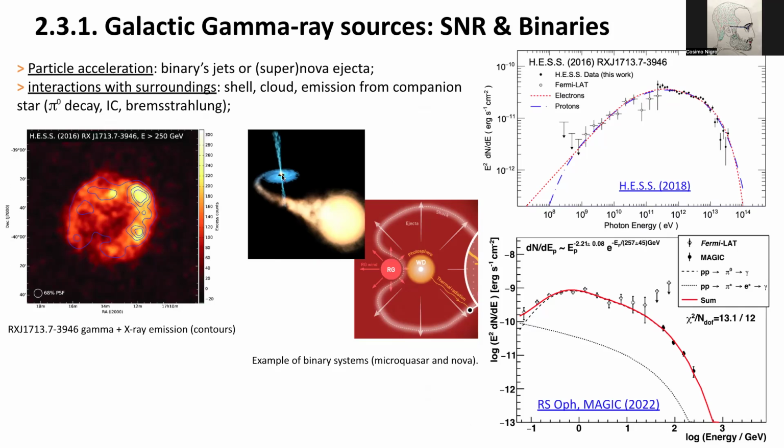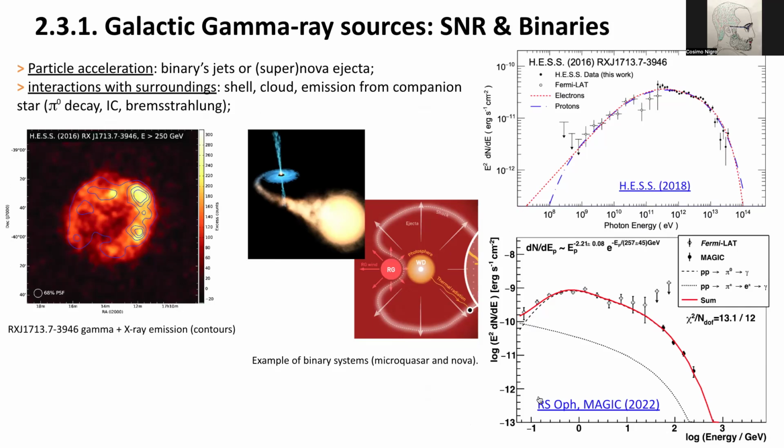Or you can have objects like binaries, that are basically a system of two co-orbiting stars. It can be different types of stars in different states of their life, but basically it's a star that is accelerating particles either through the ejecta or through a jet. And then this particle acceleration is interacting with a photon field produced by a companion star or from the particles themselves.